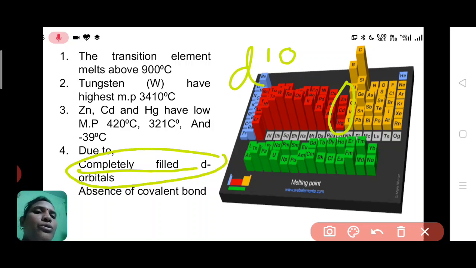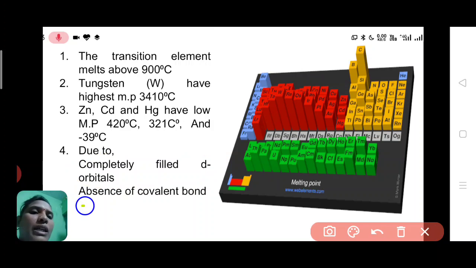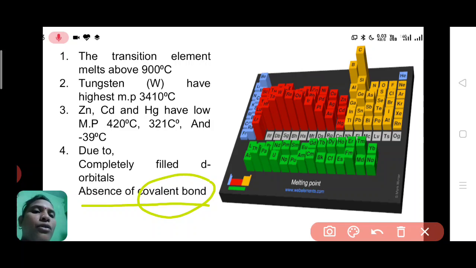So due to this completely filled d orbital, zinc, cadmium and mercury cannot form covalent bonds. A covalent bond is always formed by unpaired electrons, and in zinc, cadmium and mercury, all the electrons in the d orbital are paired. In d10 configuration, all the electrons are paired.